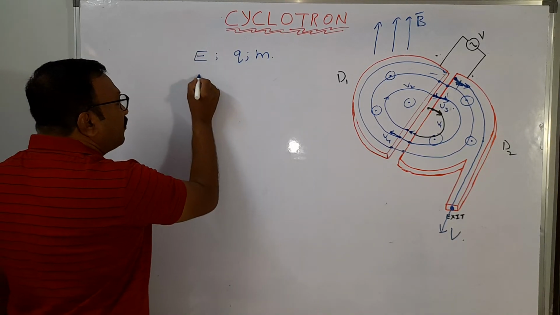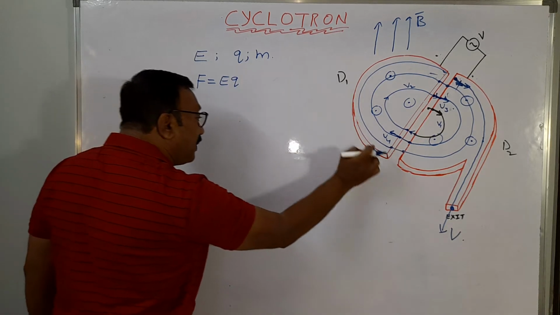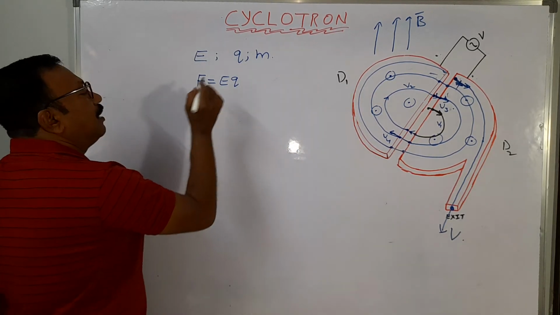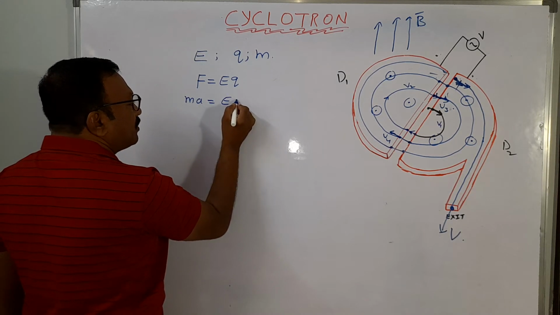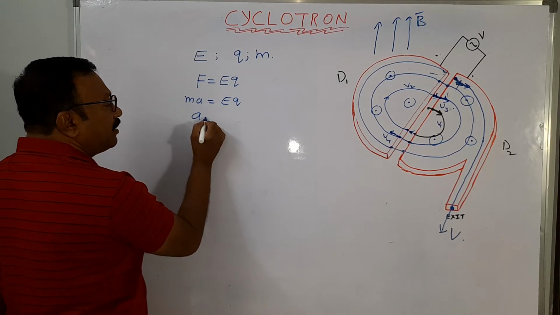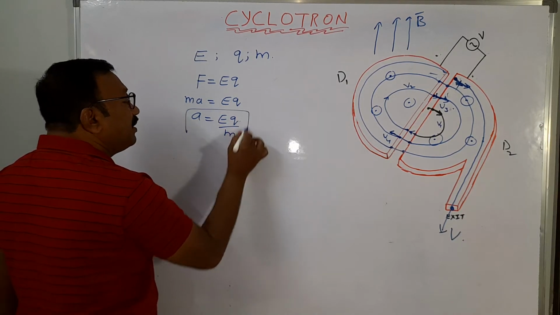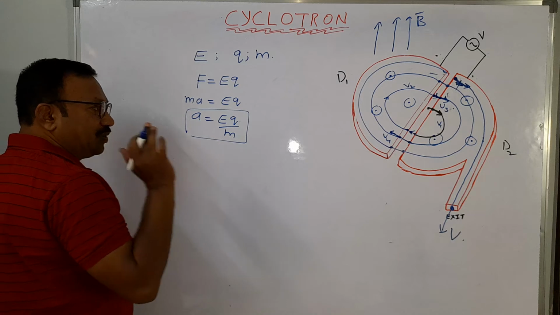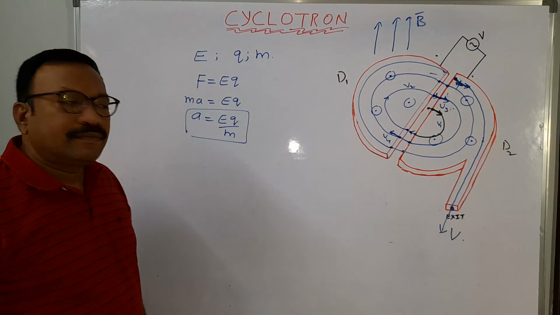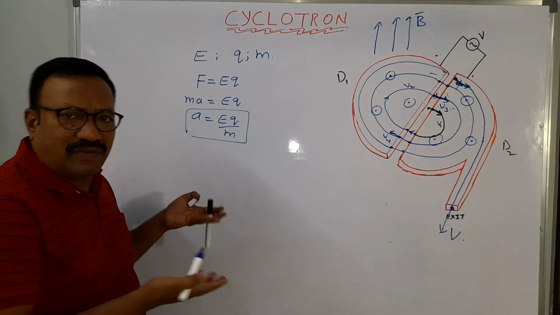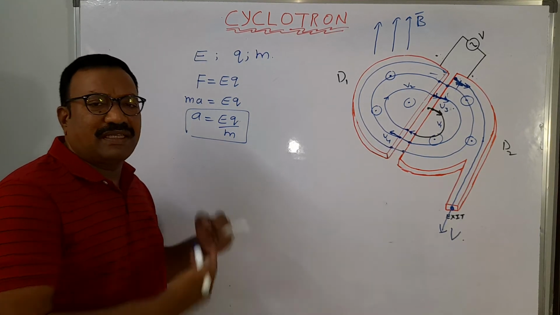Then the force acting on a charged particle due to the electric field between the Ds is EQ, and the particle will be accelerated. The acceleration of the particle between the Ds, not in the Ds, between the Ds only. That means between the space, this will be the acceleration. You already know this formula. What is there to ask? Nothing. So only this they may ask you.